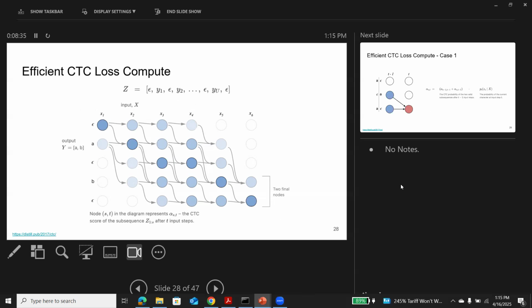So, for example, our target word was AB. We will just insert this epsilon, this blank symbol, in front and in between all the characters in this axis. And these are our predictions. Axes are predictions from the model.